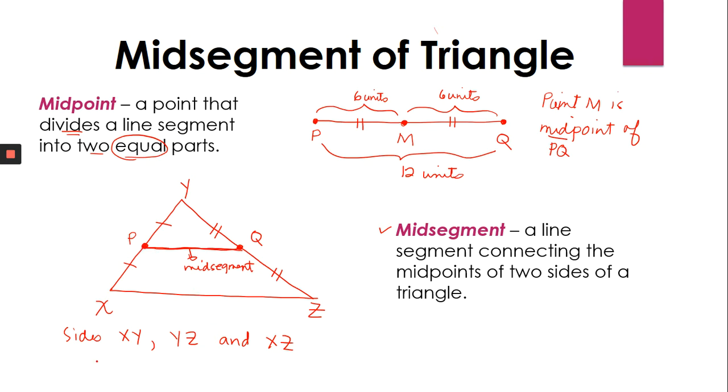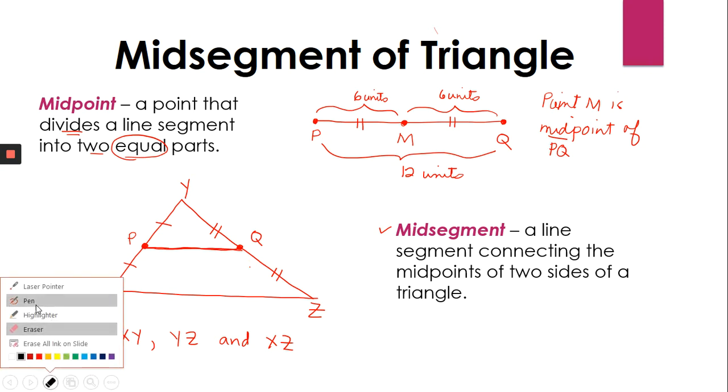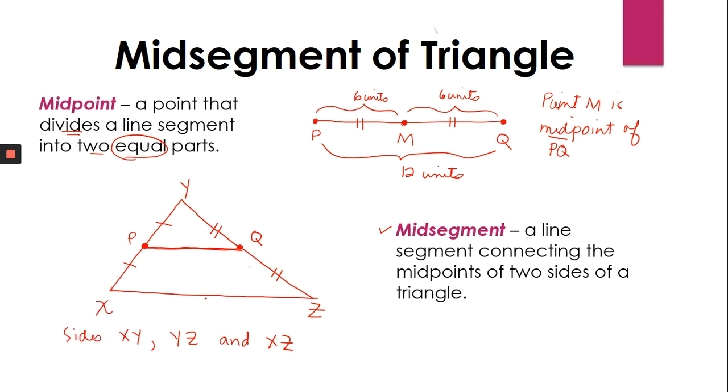Now, let's say I have another midpoint, point R, the midpoint of XZ. Point R divides XZ into two equal measures, so these are equal.